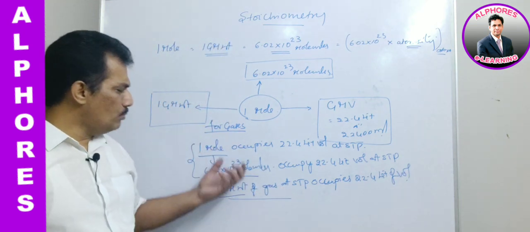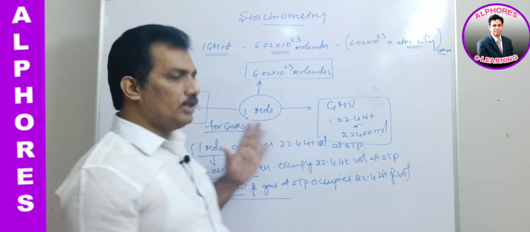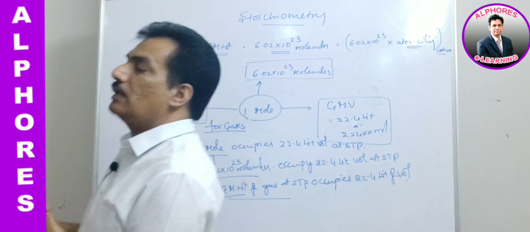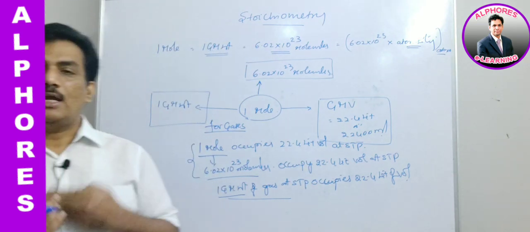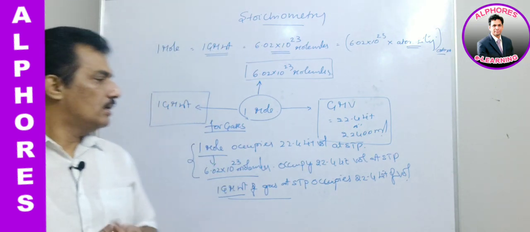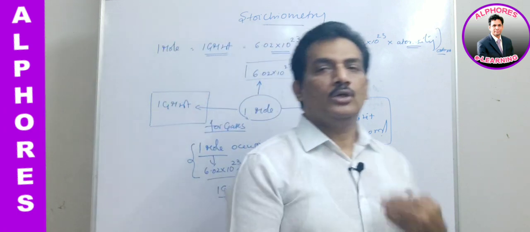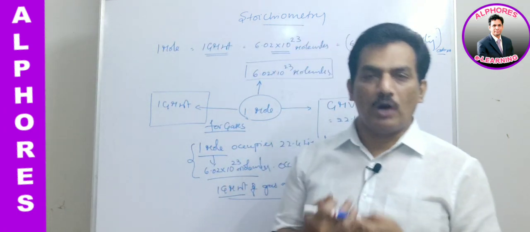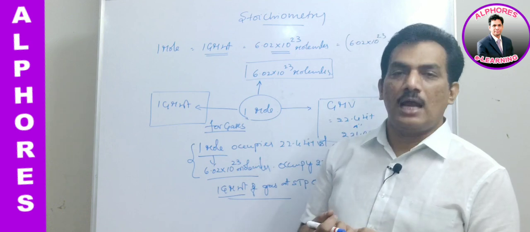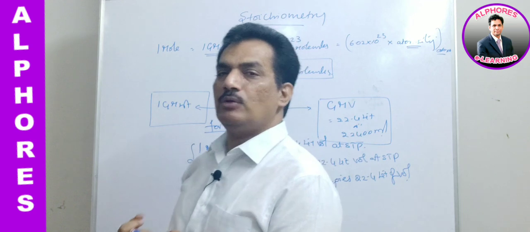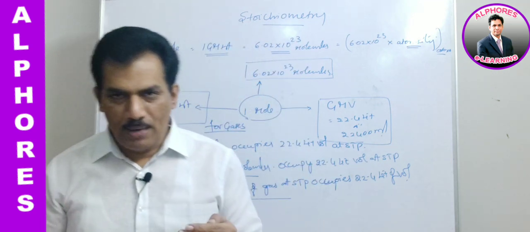So gram molar volume you can define with mole, but you can connect it with gram molecular weight or with the number of molecules, as 1 mole of any gas at STP occupies 22.4 liters of volume, which is known as gram molar volume, and this 22.4 liters is 22,400 ml.